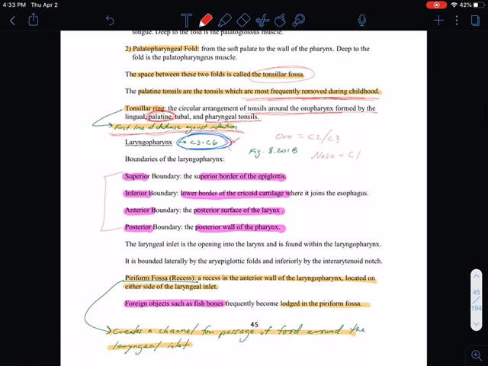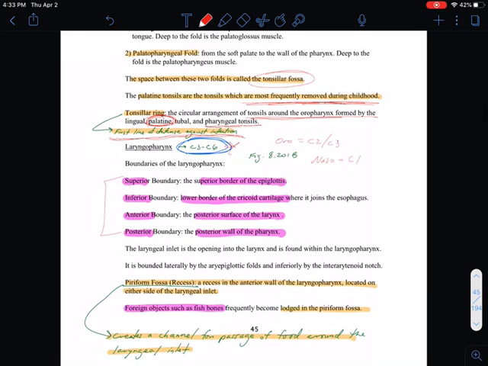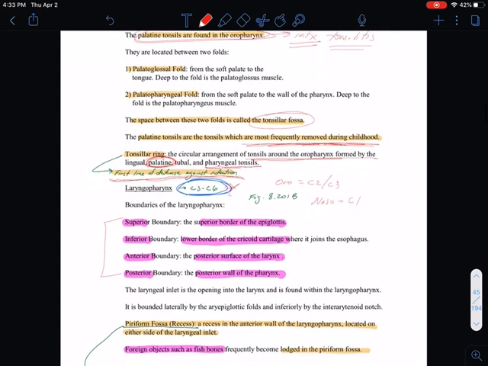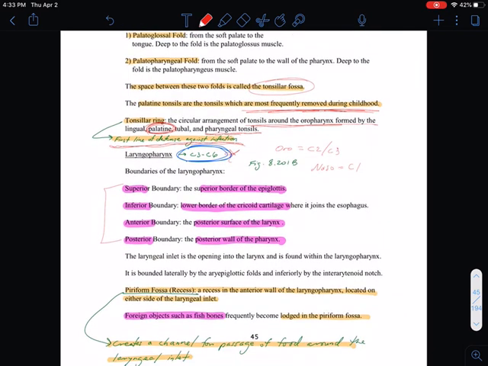Again, he can kind of try to trick you between these different superior, inferior, anterior and posterior borders of the laryngopharynx compared to our oro and nasopharynx. It's not a super common test question, but we have seen it in the past, so that's why I'm pointing it out.